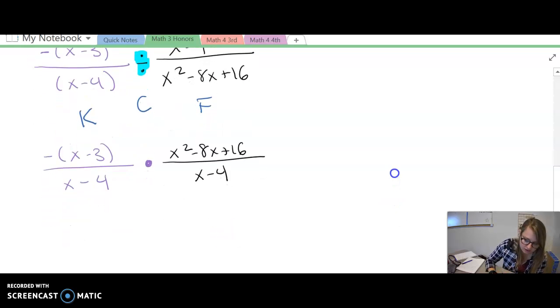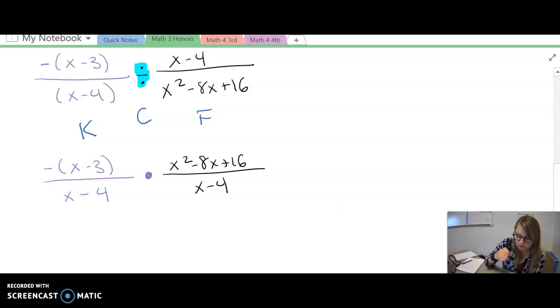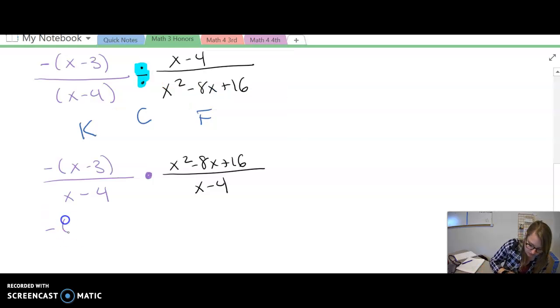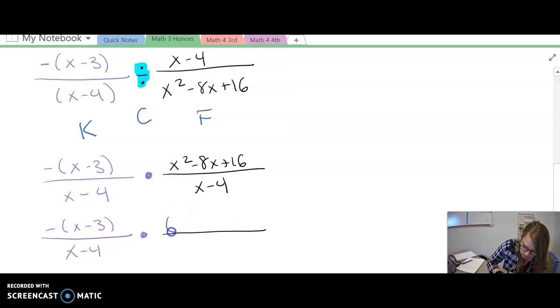And then from here, I'm going to factor my quadratic. I want to do that first before I do anything else. So we have this guy, just bringing it down. And then now my quadratic turns into, we have to think about it.